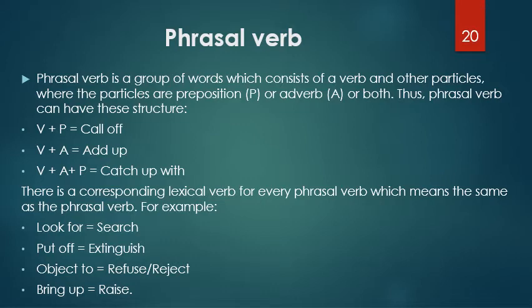V, that's representing verb, plus particle: call off. If it is a separable phrasal verb, we can have call the strike off, fill the milk up. The third example exemplifies a situation where you have a verb and particles. The first one is an adverb, while the second one is a preposition.